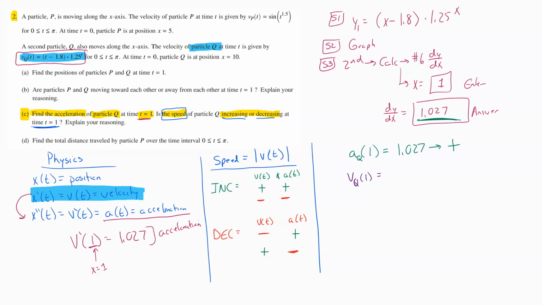To do that, we actually have the calculator almost set up to do that for us already. We just need to plug 1 into that velocity equation that we already have plugged into our calculator.